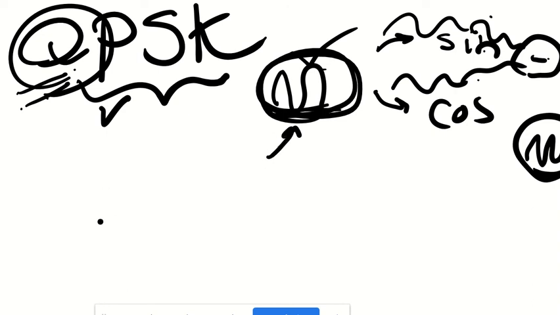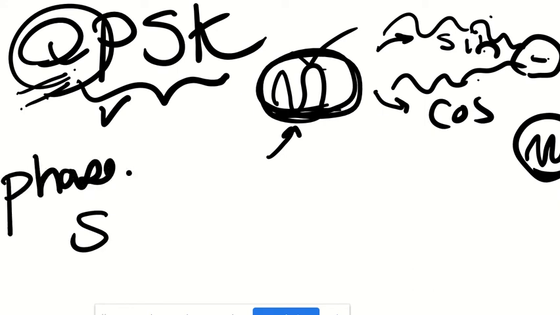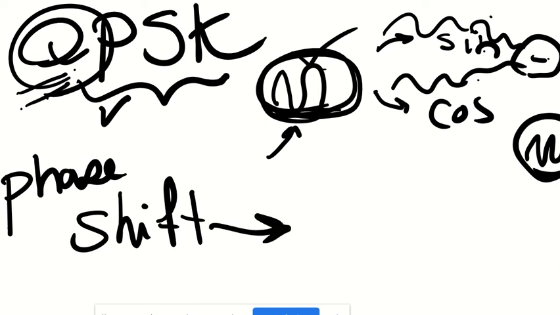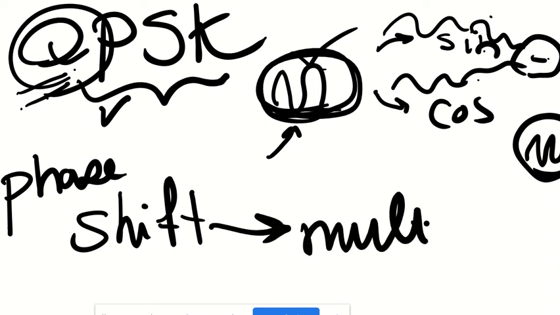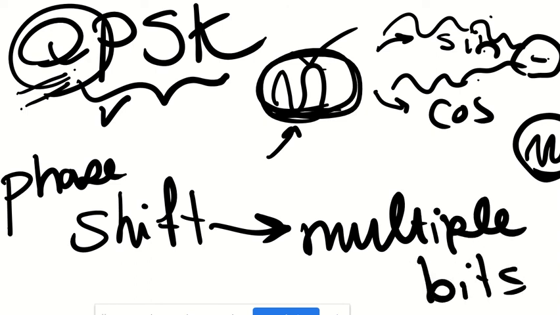So my goal is that I want my phase shift to represent multiple bits, which is pretty cool, right? Why haven't we thought of it so far? So one phase shift, multiple bits.